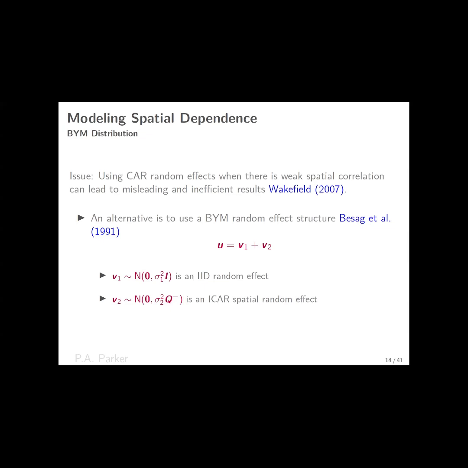And so here you can see as sigma squared 2 goes to 0 and sigma squared 1 does not, we basically get back the IID random effect. As sigma squared 1 goes to 0 and sigma squared 2 does not, we're essentially getting the ICAR. And so we can get some balance between those two things, and that's nice as well. So these types of priors have been used in small area estimation.